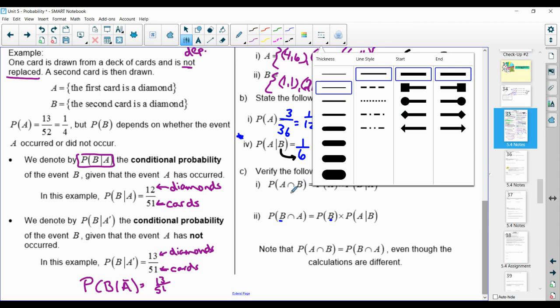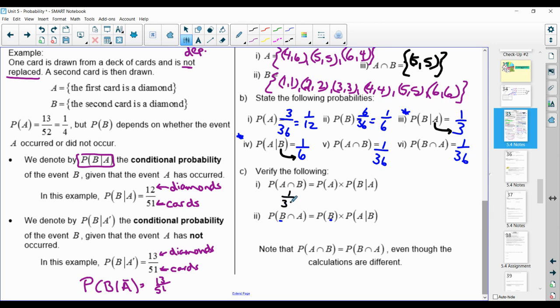All right, so for the first question here, we've got the probability of A and B, which we already know is 1 over 36. The probability of A is 1 over 12. And the probability of B given A was 1/3. Well, 1/12 times 1/3 is 1 over 36. The probability of B and A is also 1 over 36.